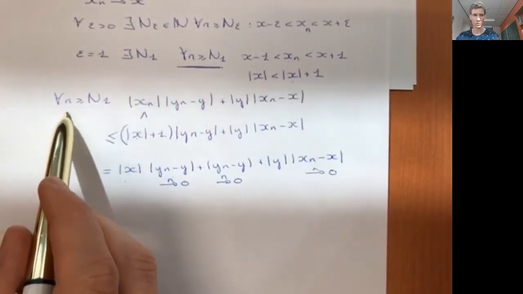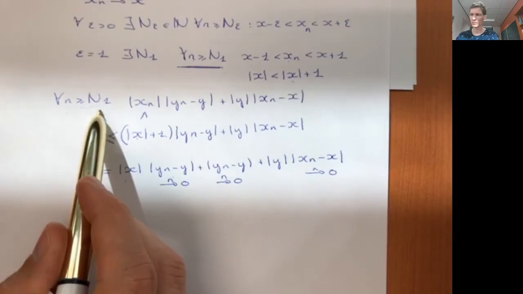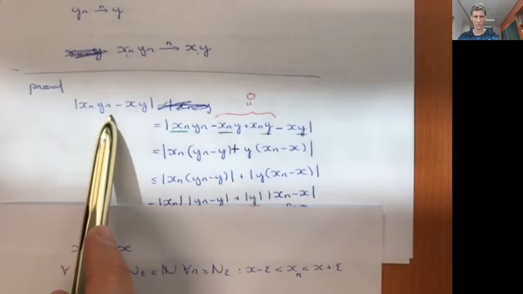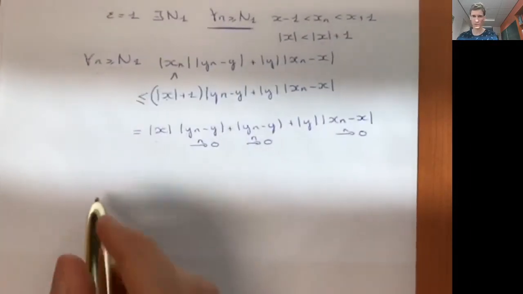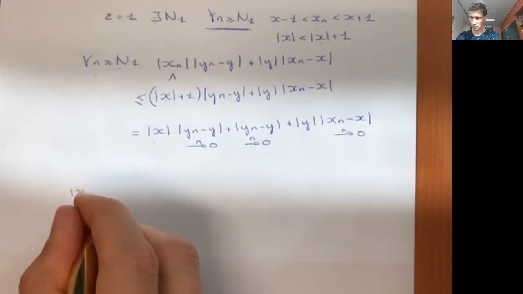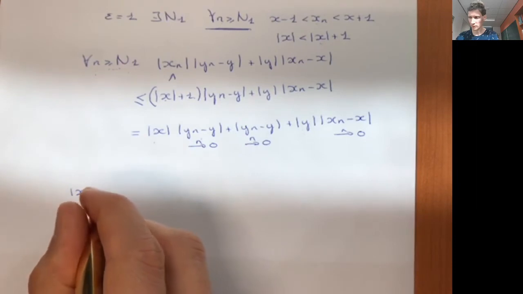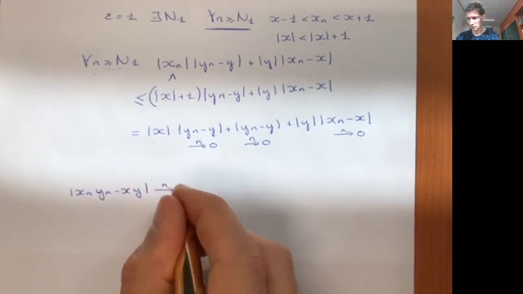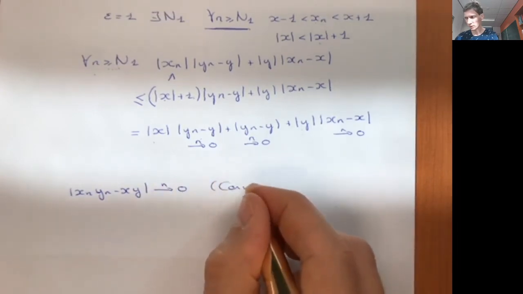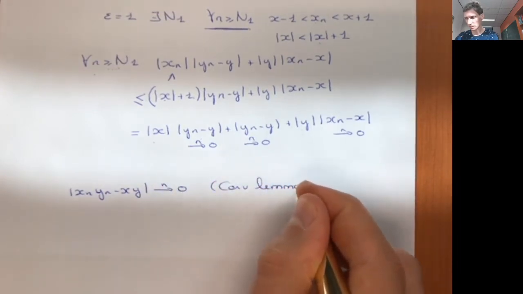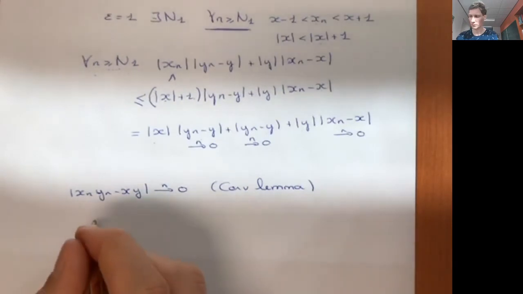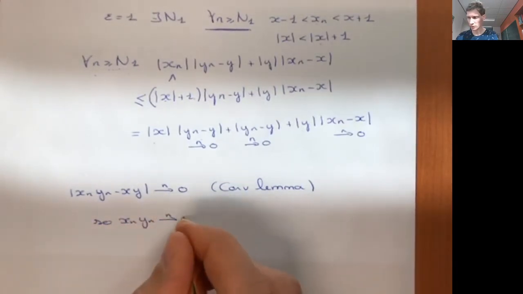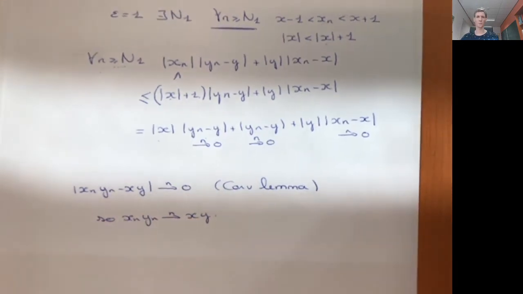This holds for any n bigger than this n1. So we conclude that this also converges to 0. So xn yn minus xy converges to 0, by the convergence lemma that we have seen. So xn yn converges to xy.